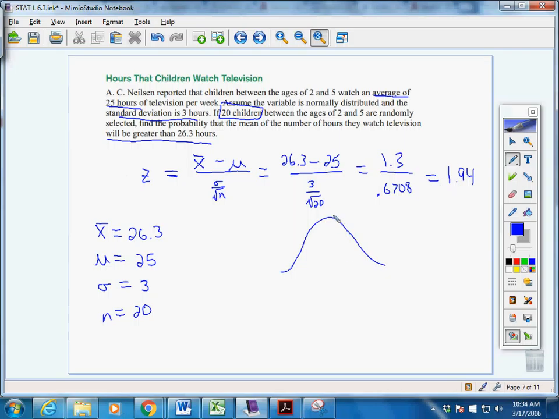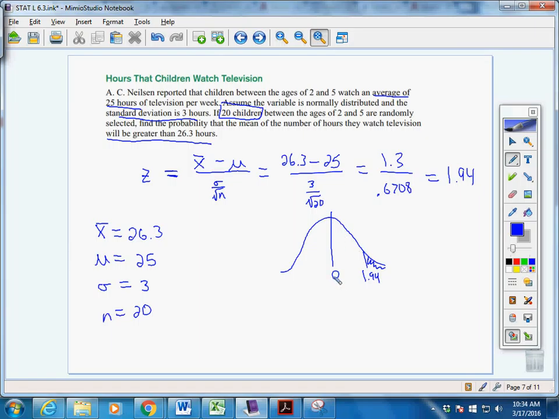On a standard normal distribution curve, remember 1.94 is going to be over here, and we want to find out what this number is. But remember, the probability is greater than this number, greater than the 26.3, which we put into a standard normal distribution or z-value.